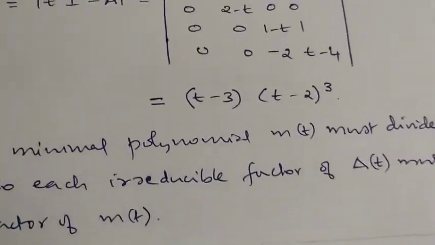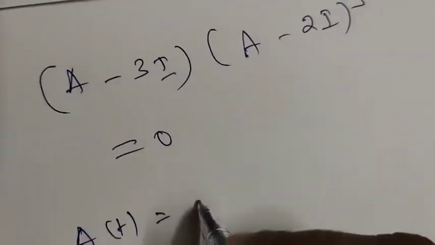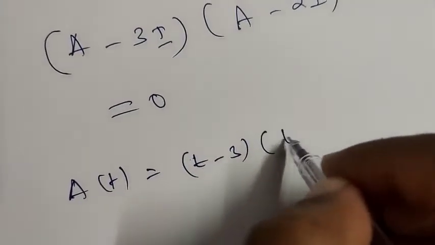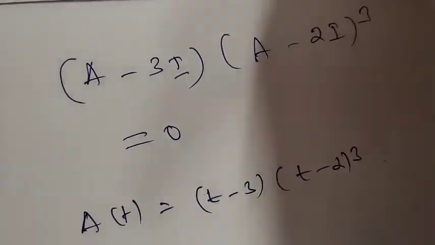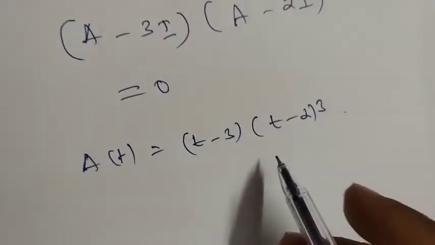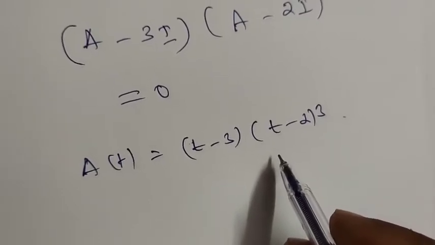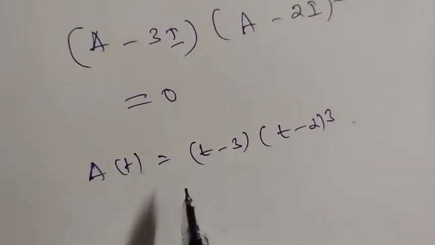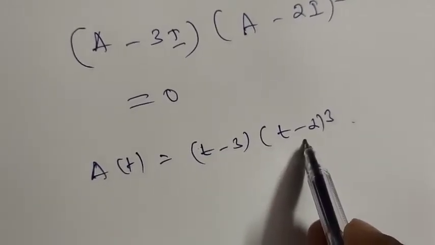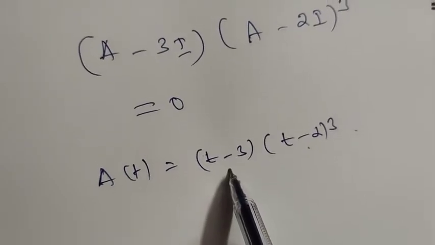So what is the minimal polynomial? Here delta of t is (t minus 3) into (t minus 2) whole cube. The minimal polynomial is the polynomial of smallest degree satisfied by A. Therefore, the minimal polynomial definitely divides the characteristic polynomial, which means its factors contain all the factors of the characteristic polynomial.